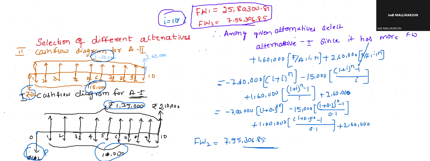Among these two, we have to select the first alternative because it has more future value. So we have to select this. This is about the future worth method.